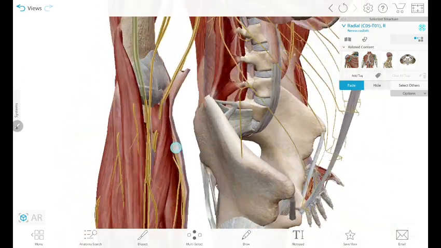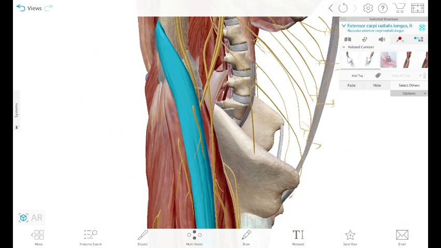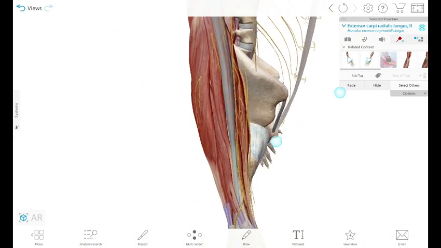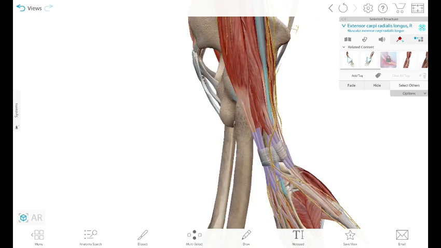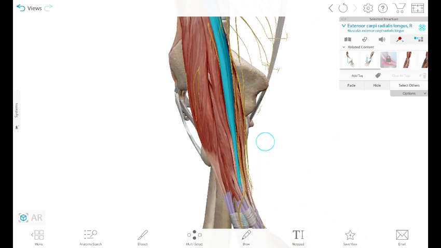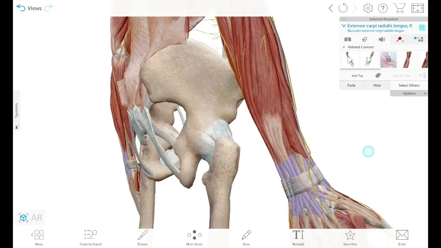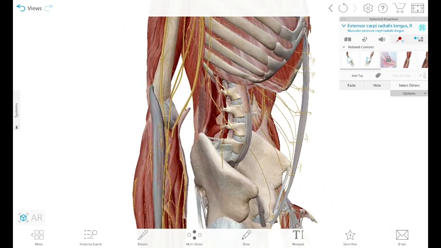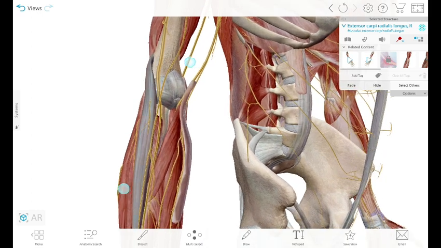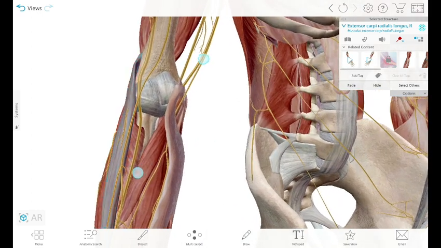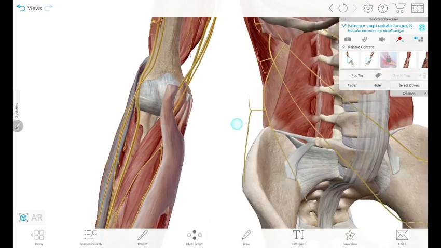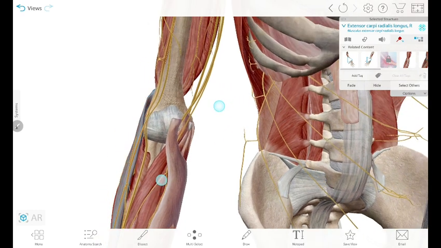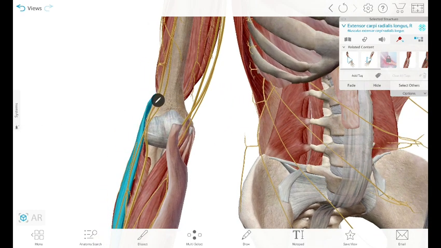So this over here is the extensor carpi radialis longus muscle, and we can see it is traveling at the back of the forearm and attaching to the posterior aspect, and is responsible for the extension of the wrist. So around the lateral epicondyle, it gives supply to the extensor carpi radialis longus and the extensor carpi radialis brevis.